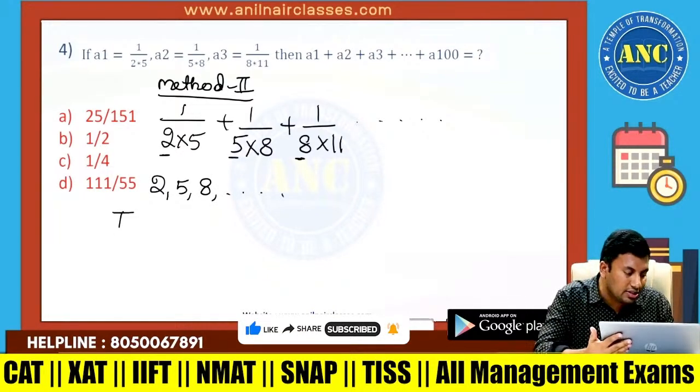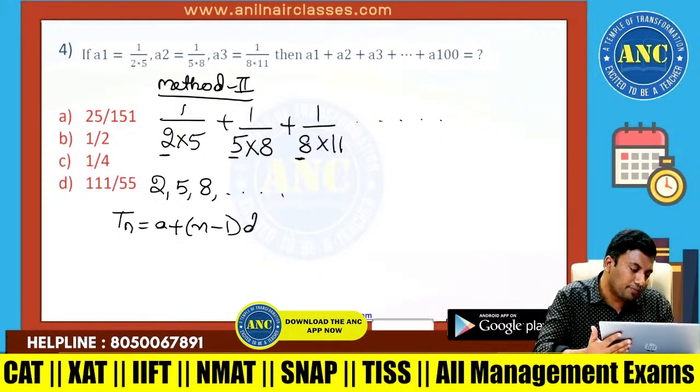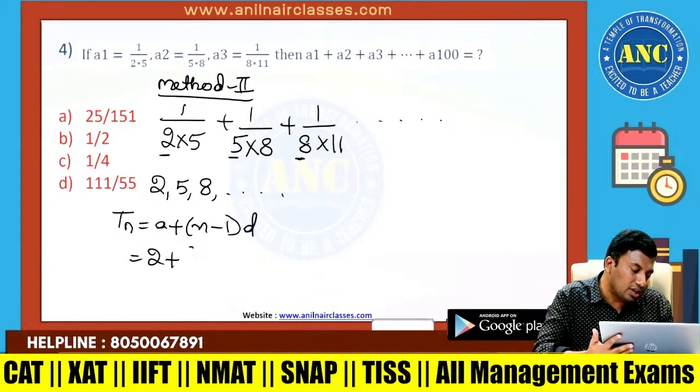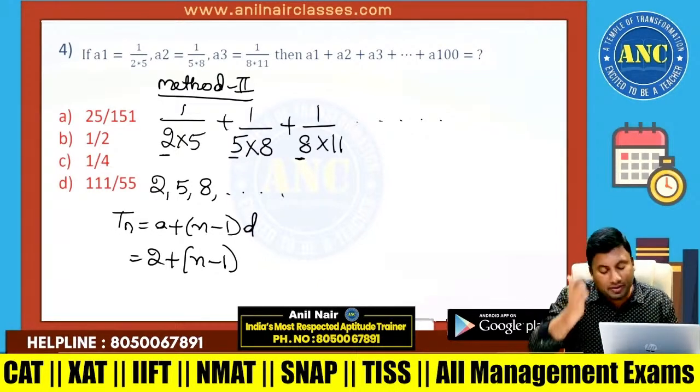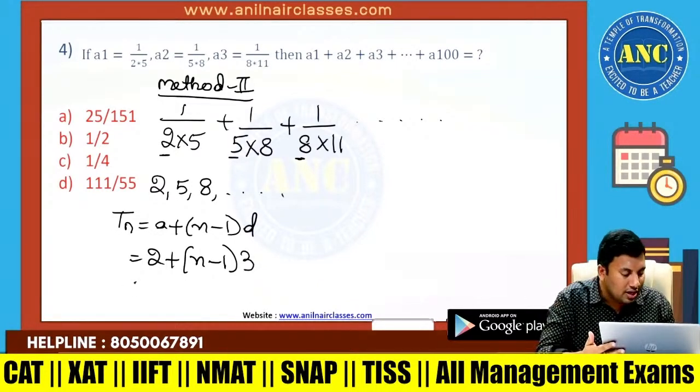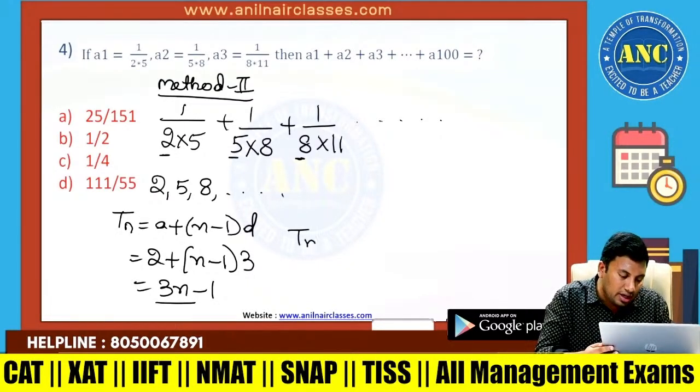So Tn is nothing but a plus n minus 1 into d. 2 plus n minus 1 into d, where d is the common difference between consecutive numerical values, 3, which is nothing but 3n minus 1. So Tn is given by 3n minus 1.